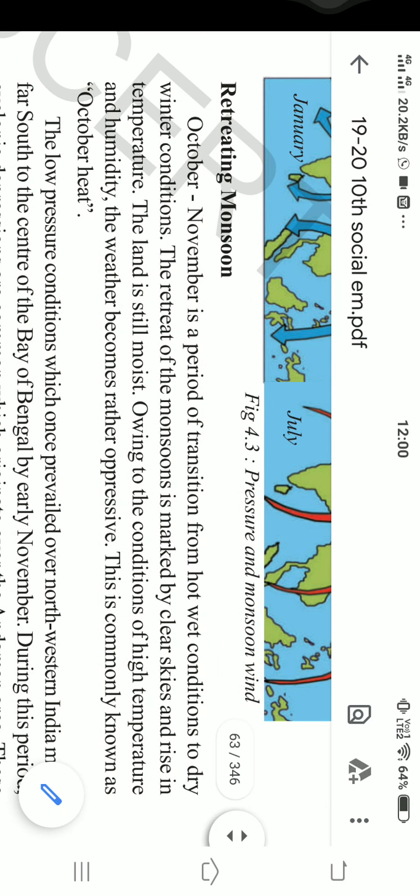So it is a period of transition from hot, wet conditions to dry winter conditions. At that time the skies are clear and the temperature rises. The land will still be moist. So owing to these high temperatures and high humidity, the weather becomes very oppressive.